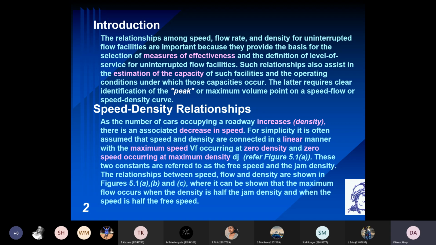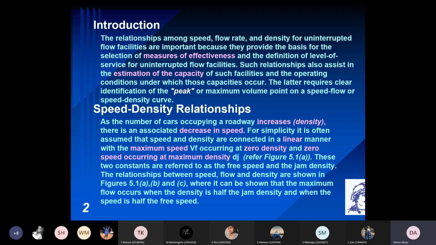So the relationship among speed, flow and density. You can see the speed and density relationship, and there are a few points mentioned with regard to it. The more important one is that as the number of cars increases on your road, it is associated with a decrease in speed, because with more vehicles on the road there is limited opportunity for overtaking, and therefore a reduction in speed.